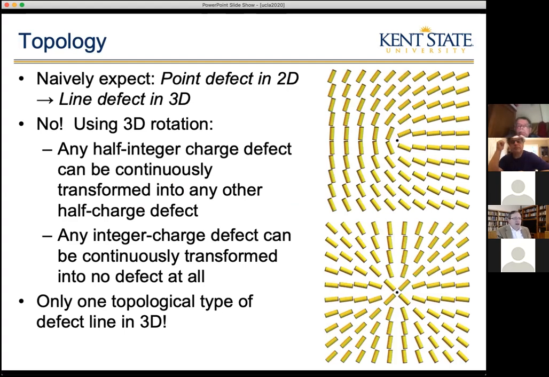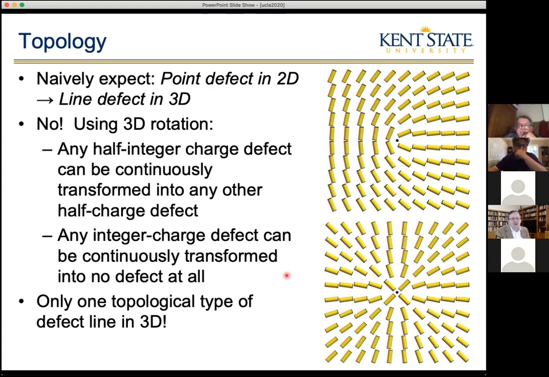Okay, you might naively think that any point defect in 2D could be extended to a line defect in 3D, right? That any point like this one could just make a line coming out of your screen, right at you, for this thing or for this thing. Actually, that is not the case.